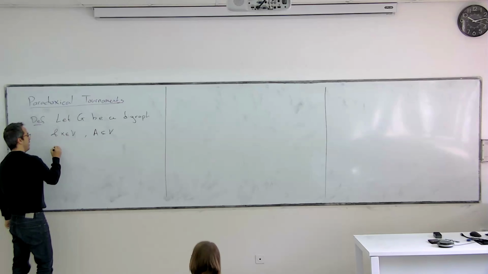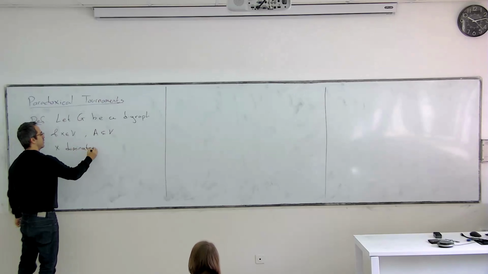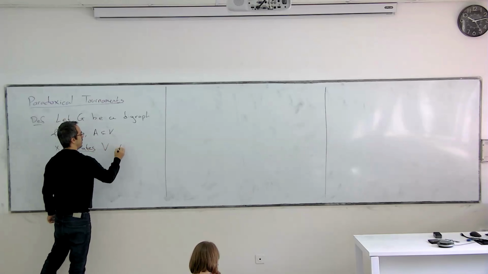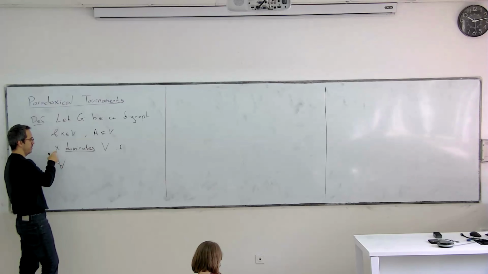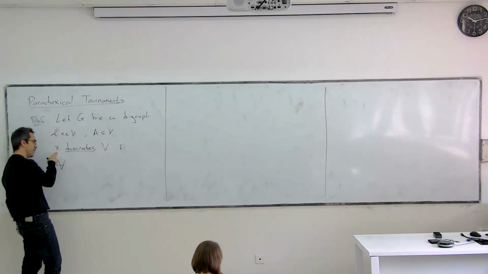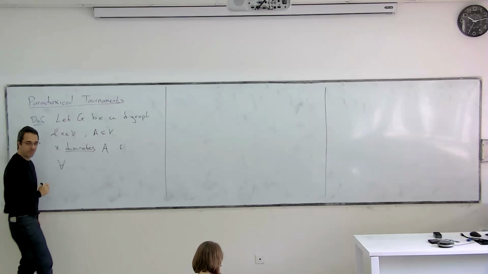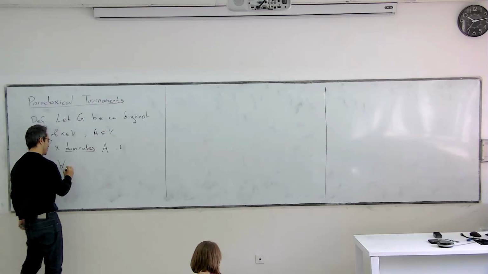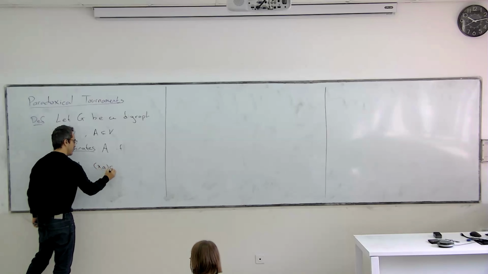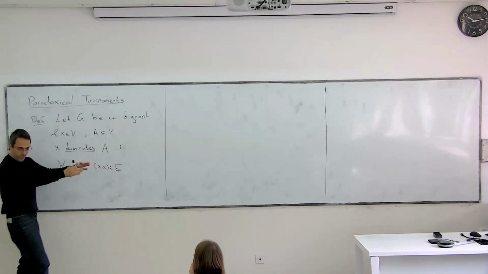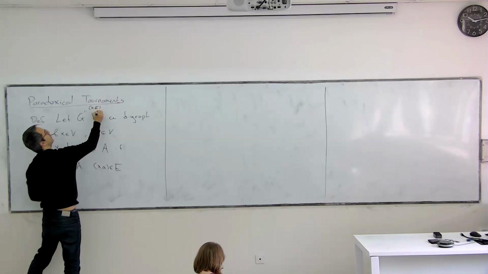Then we say that X dominates A if there are directed edges from X to every vertex in A. So for all a in A, you have the directed edge from X to a. So G is a directed graph, as usual.